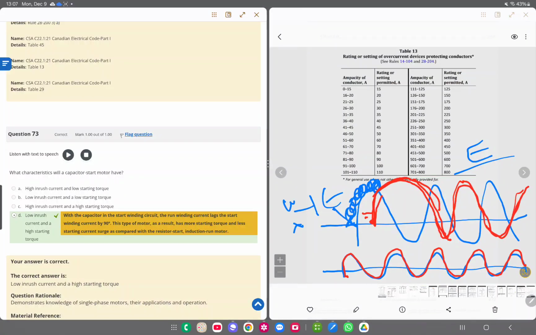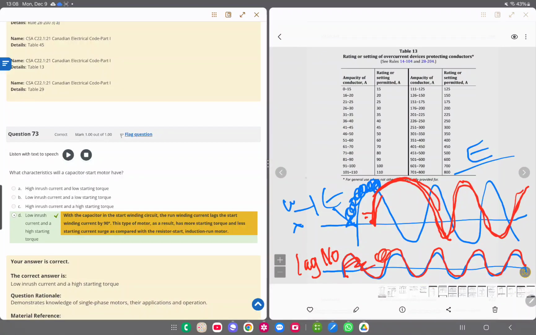So that's why they're saying with the capacitor in the start winding circuit, the run winding current lags. This guy, he's lagging. He has no capacitor. And which winding has the capacitor in it?